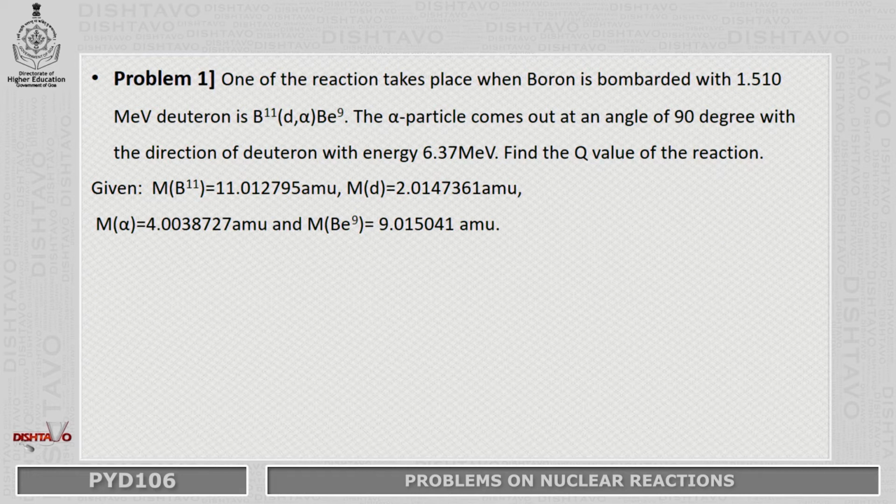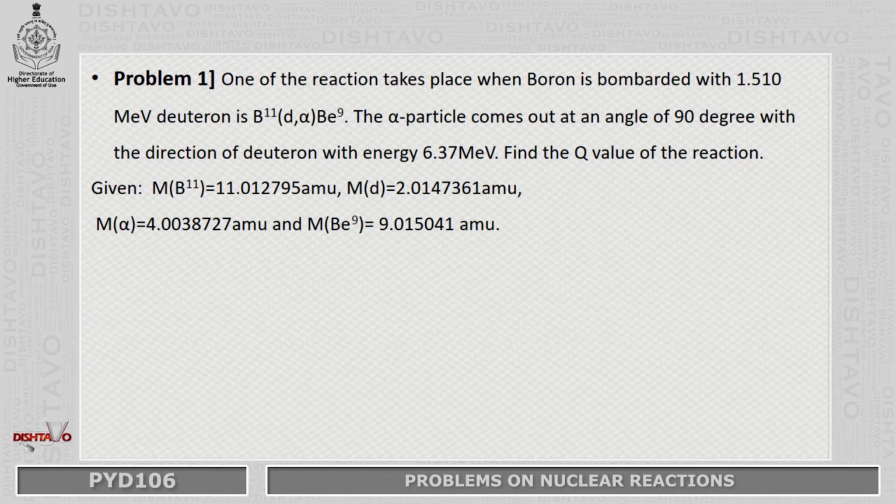Here is the first problem. It states that one of the reactions which takes place when boron is bombarded with 1.510 mega electron volt deuteron is this, where it results into a barium nucleus.